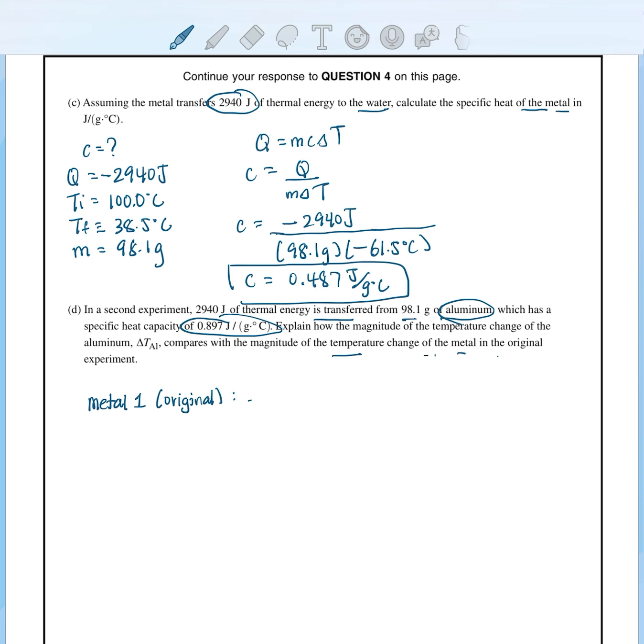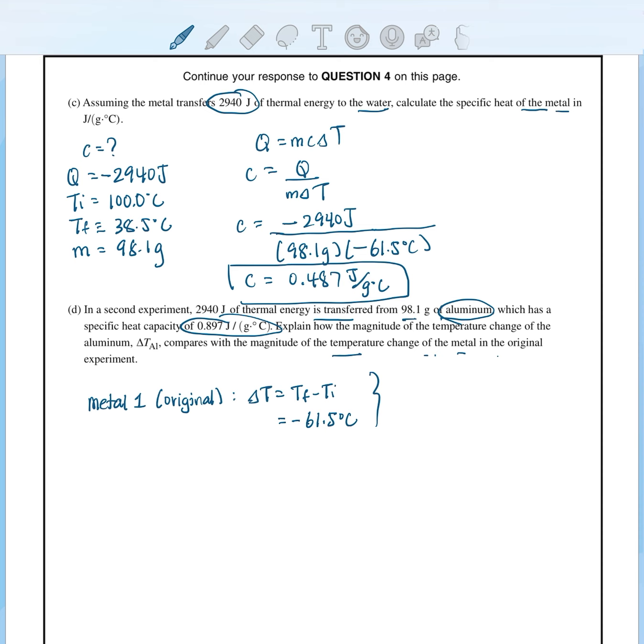it had a delta T of TF minus TI. It had a delta T of, we already did it above, negative 61.5 degrees Celsius, right? And so why don't we use the data we have for the aluminum and just do the same thing?